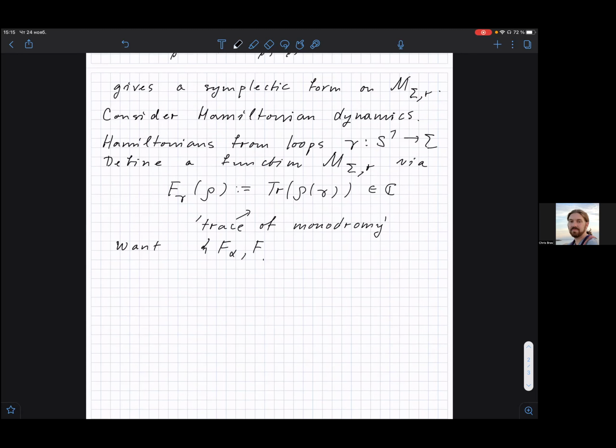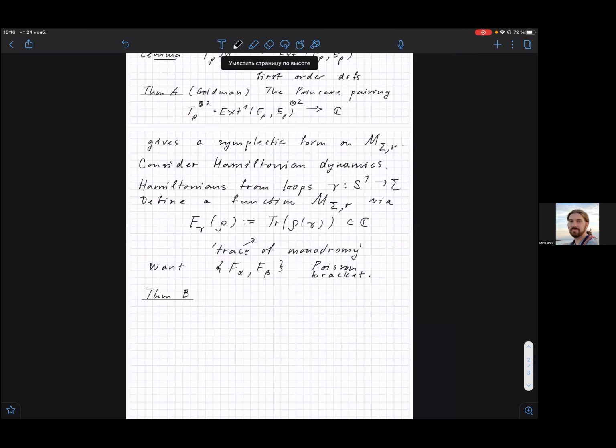So we want the Poisson bracket, to see to what degree the two corresponding Hamiltonian flows commute or don't. So the second theorem of Goldman says the following.